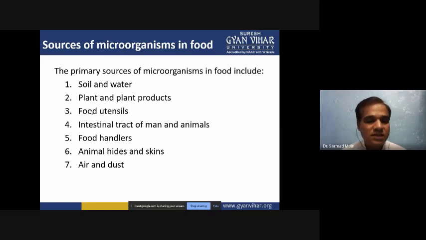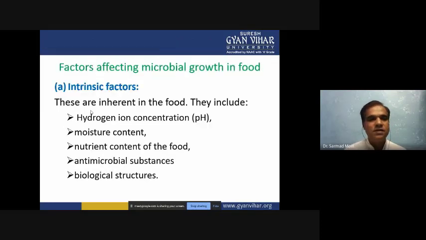These are the different media through which microorganisms come, and after entering or being carried into the food, they spoil the food material completely and it is no longer suitable for consumption.